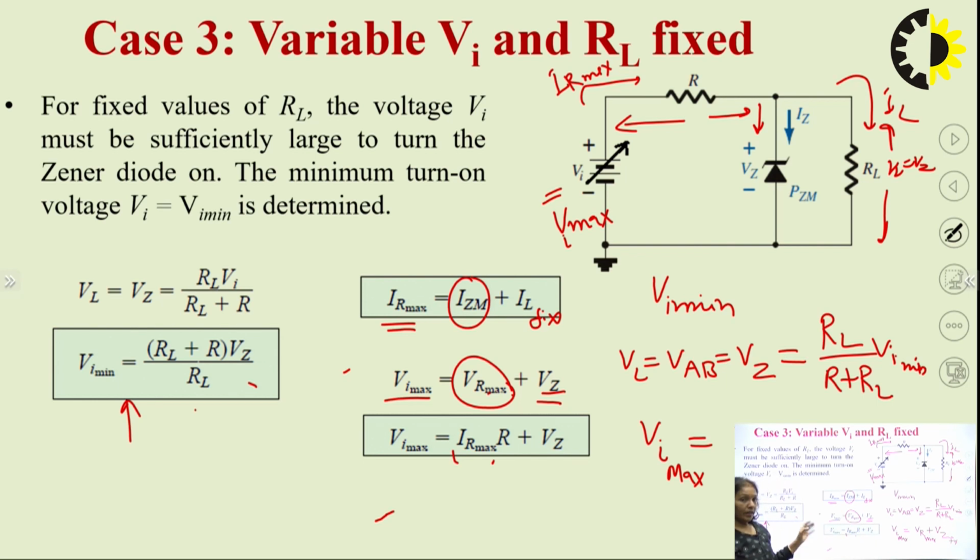Again, in the third case also, we have calculated two variables, Vi minimum and Vi maximum. The minimum value we have calculated using step 1, the voltage divider theorem, by removing the diode from the terminals A and B, and the maximum value can be calculated using these two equations: Vi is equal to VR plus Vz and IR is equal to IZ plus IL.